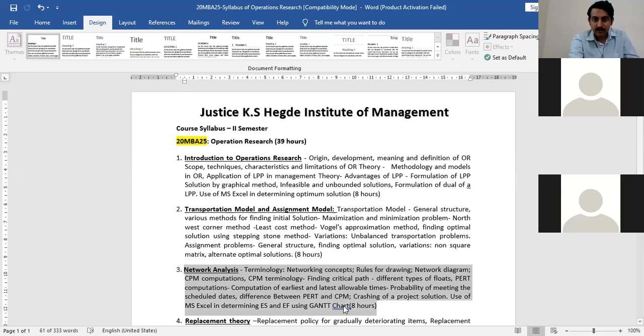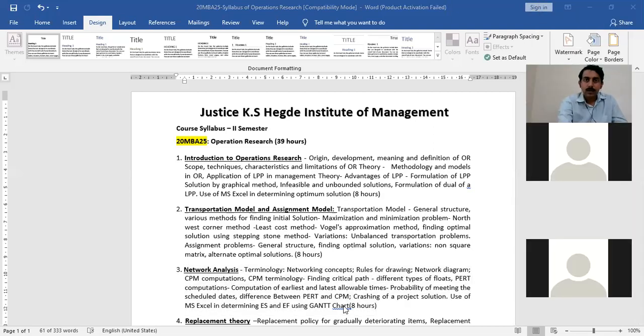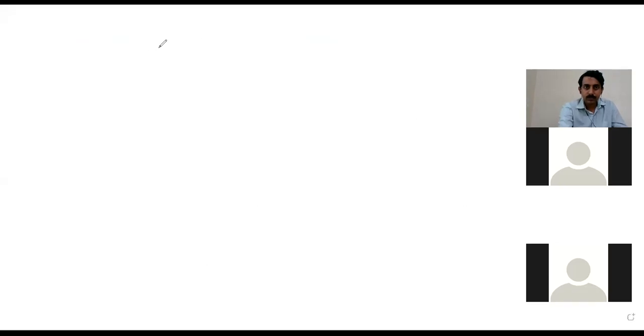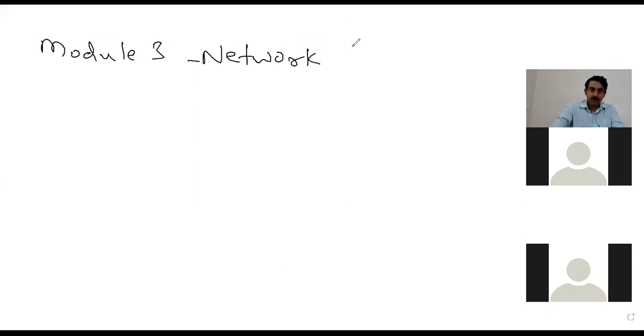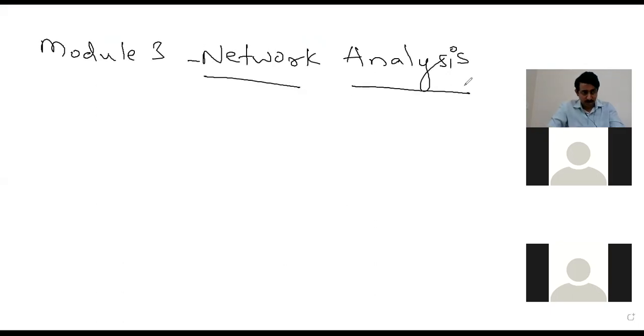The title of this module is network analysis. As I'm writing on the whiteboard, you can make the notes subsequently. Okay.